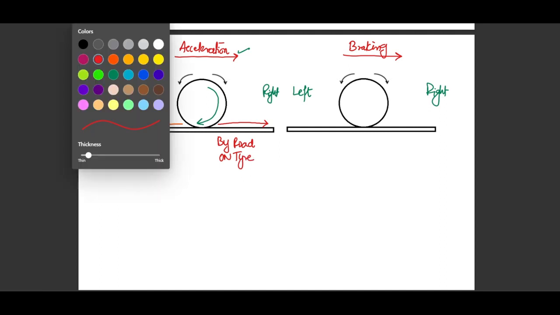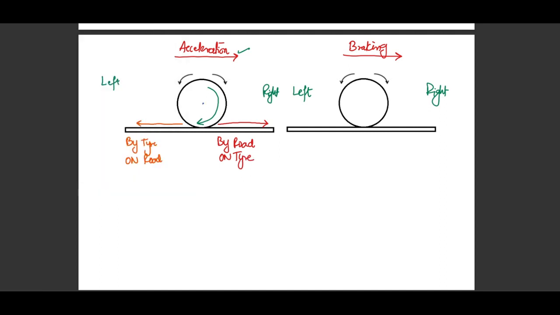What has happened is that the object has tried to rotate the wheel in this direction, trying to move the ground beneath it backwards, to the left, and as a response, the ground has pushed the object forwards. That is how objects accelerate, or start. Even when we are walking, the moment we start, what are we doing with our feet? We are trying to push the ground beneath us backwards, and as a result, the ground pushes us forwards, right? So this is again a manifestation of Newton's third law.